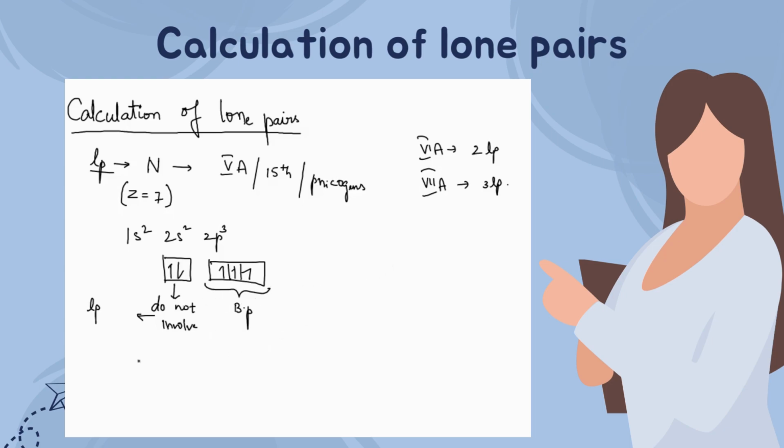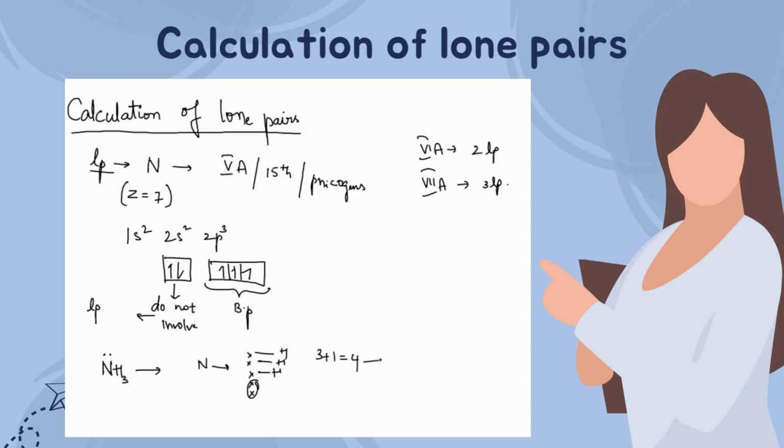For example, in the case of ammonia, we have learned the methods to calculate hybridization in previous videos. In nitrogen, the central atom has 5 electrons, where 3 are bonded with 3 hydrogens and 1 pair is the lone pair. So altogether there are 3 bond pairs plus 1 lone pair, giving a number equal to 4.